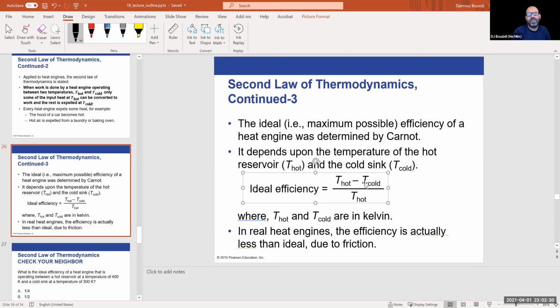Obviously, you have to give me the two temperatures. If it's, for example, room temperature, let's say 27 degrees, which is about 300 Kelvin, and 100 degrees Celsius, which is the boiling of water, the difference between them is 100 over 300, that's 33%.